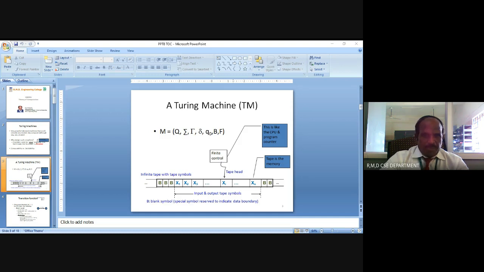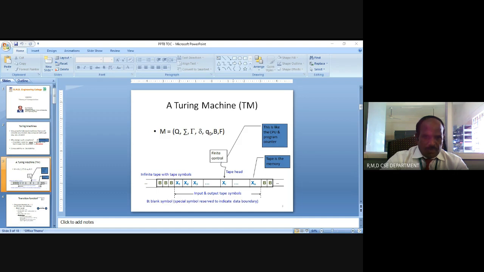So delta of Q, Xi equals P, Y, R is the same as X1 ... Xi-1, Q, Xi ... Xn. It goes to X1 ... Xi-1, Y, P, Xi+1 ... Xn: Xi is replaced by Y, and Q is replaced by P. This is one move of the Turing machine.